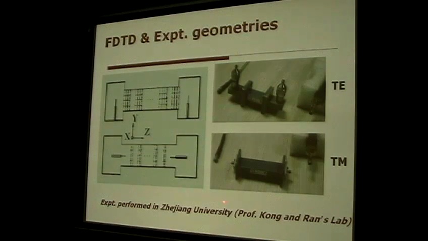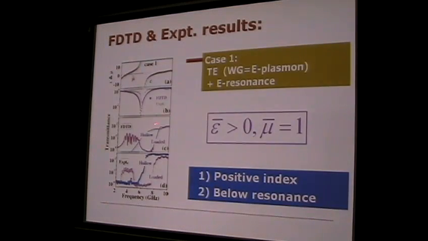Then we again went to Zhejiang University to collaborate with Professor Ren, and we performed an experiment to verify this idea. This is the waveguide, and we insert some E resonators. Oh no, M resonators. We only insert E resonators. So this is the experiment result.